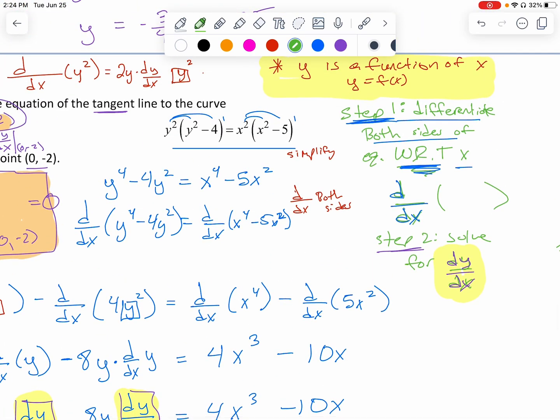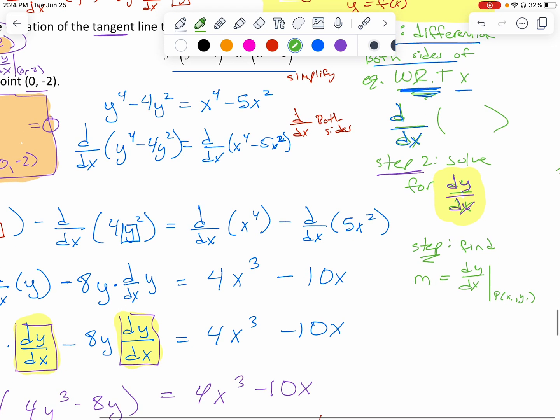So step 1 was to differentiate with respect to x. Step 2 was to solve, and since this question asks us to find the tangent line, we find the dy dx defined at our given point as our slope. So that's step 3.